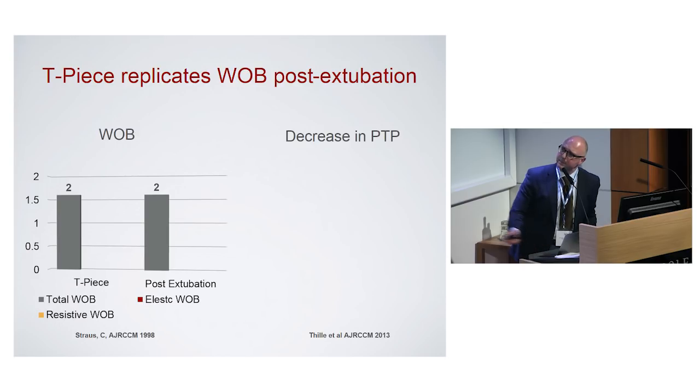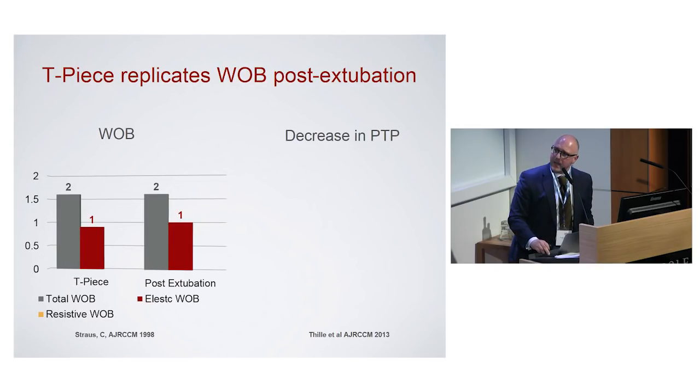So that is exactly what I was trying to say. You can see there the work of breathing at T-piece during the SBT and post-extubation, they're the same. So we're not giving the patient much higher work of breathing with a T-piece. They are exactly comparable. And what we gain, so there would be less elastic work of breathing, a little bit more resistive work of breathing because of the tube, but overall the work of breathing will be comparable.